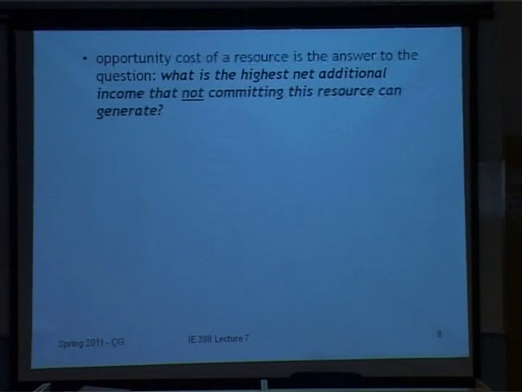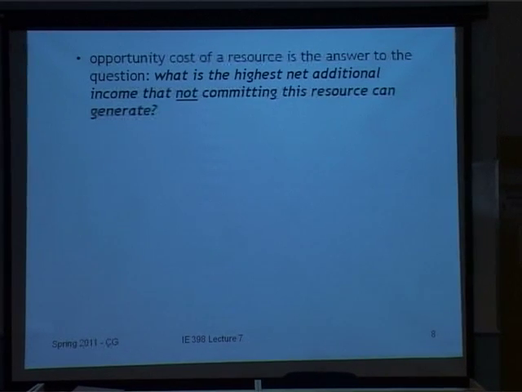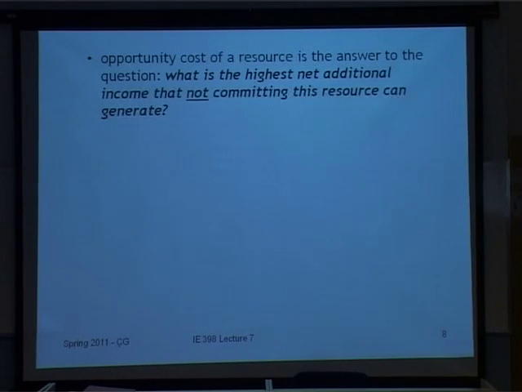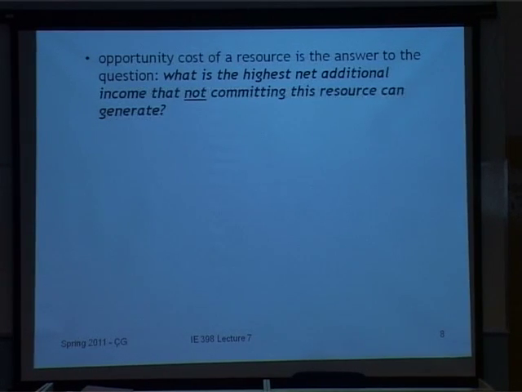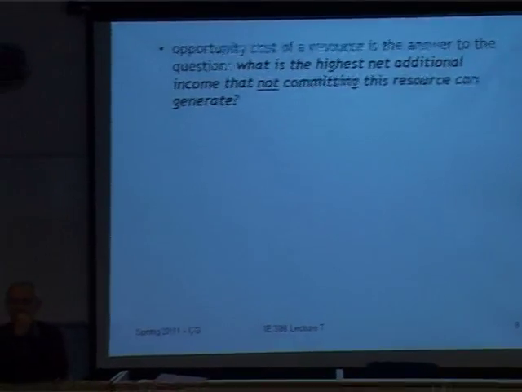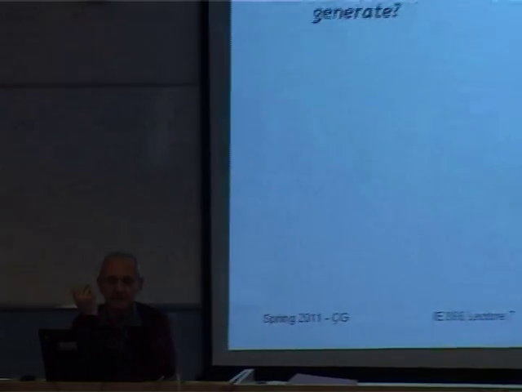The opportunity cost of a resource is the answer to the following question. You should remember this question. When I ask you what the opportunity cost is, the way to answer is to ask yourself: what is the highest net additional income that not committing this resource can generate? The answer to this is the opportunity cost.